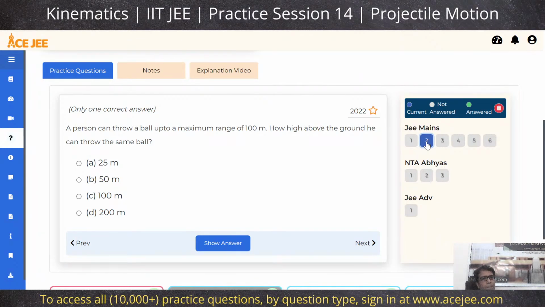They're given that the person can throw a ball up to a maximum range of 100 meters, and they're asking how high above the ground he can throw the same ball. Once again, if you forgot the expression for the range, quickly derive it.